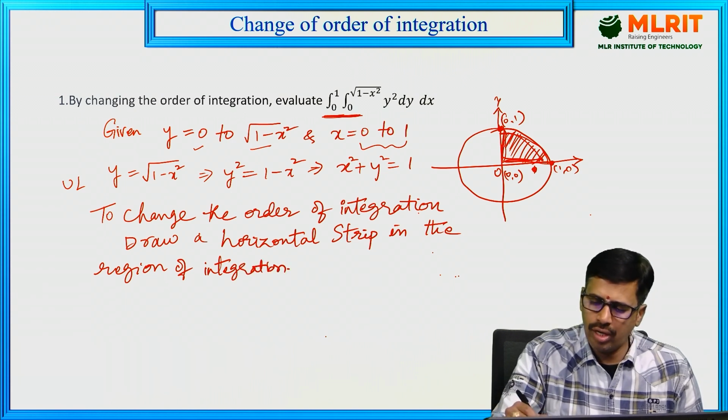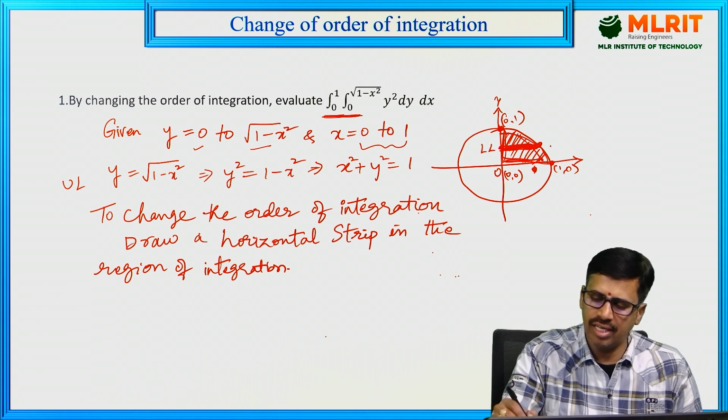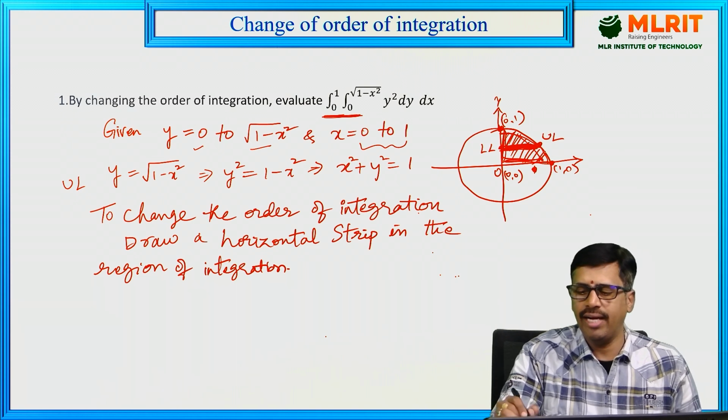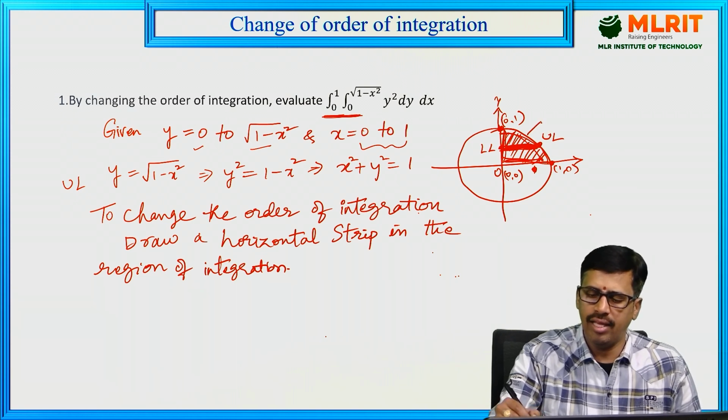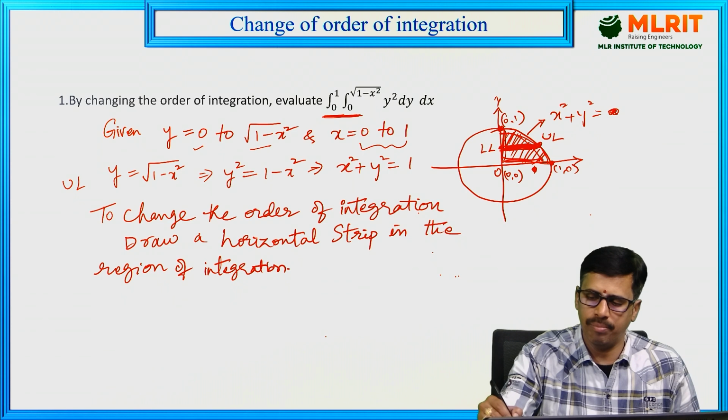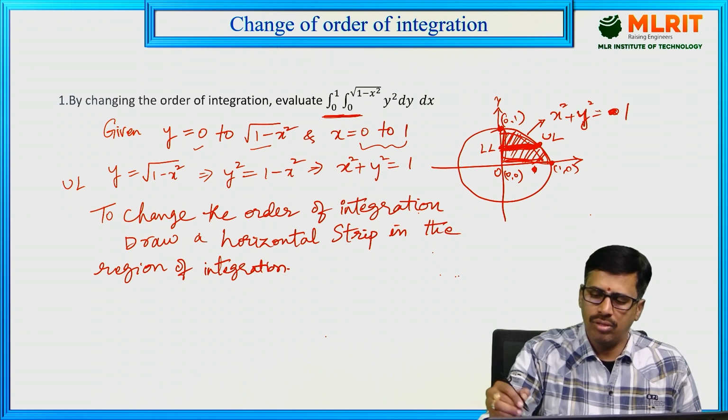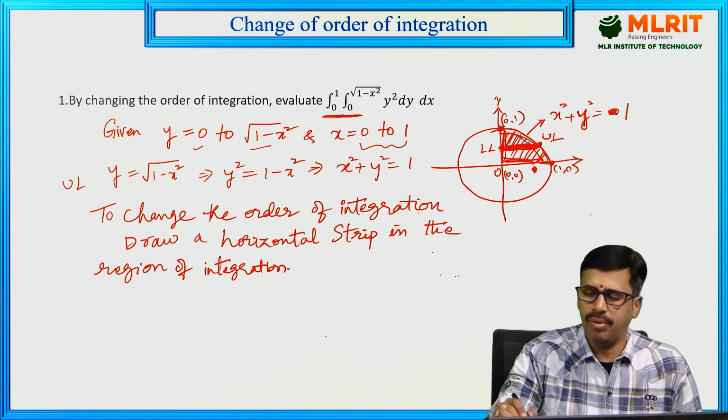So let us draw a horizontal line or a horizontal strip. One end of the line touches this y-axis, that is lower limit. Another end of this horizontal line touches this circle equation, which is x square plus y square equal to 1. So another end of this strip touches this circle.